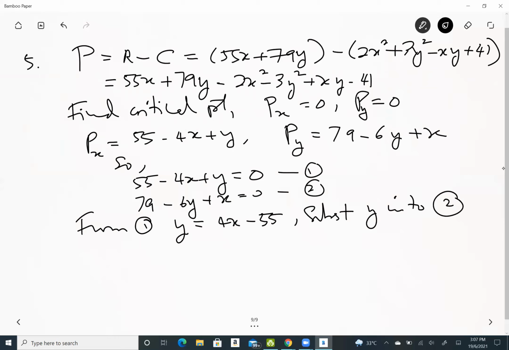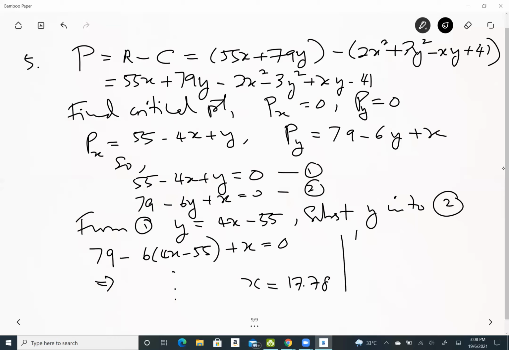So what I will get will be 79 minus 6 times (4x minus 55) plus x equal to 0. And then you can simplify for the x. Okay, if you got this wrong, work it out. You will get x equal to 17.78. So you can round up to 18. That's fine. Okay. And then given the x, you can find y. Right? So to get y, what do you do?